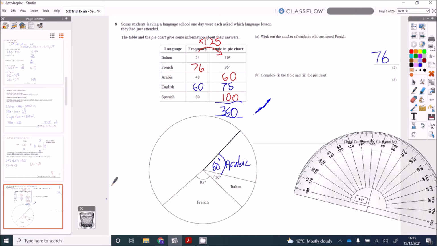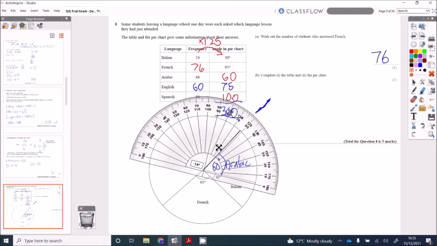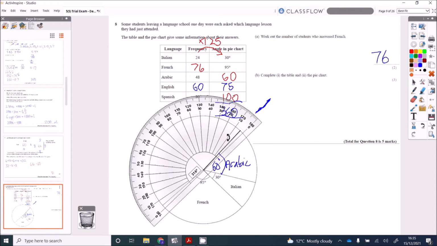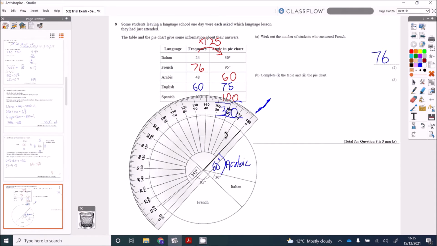Then go and get my protractor again and pop it on top. Again, line it up in the middle, twist it round until it's lined up with where my Arabic finishes on the 0. And now I've got to go around and do 75 degrees for English, which takes me around to that. I'm trying to do the mark just where the protractor finishes.